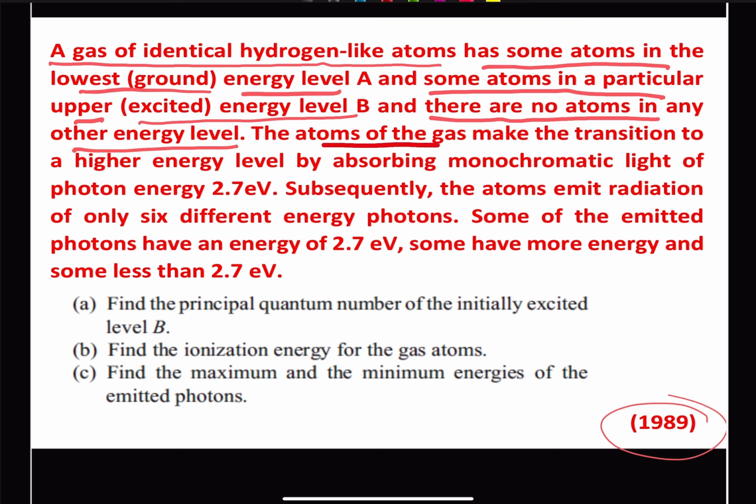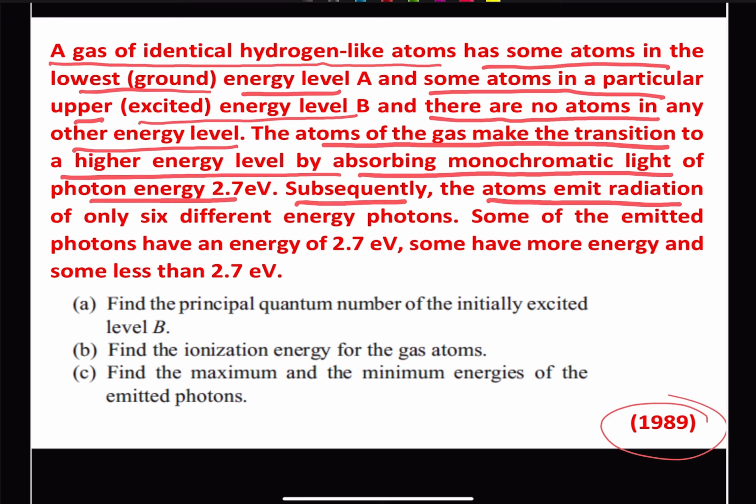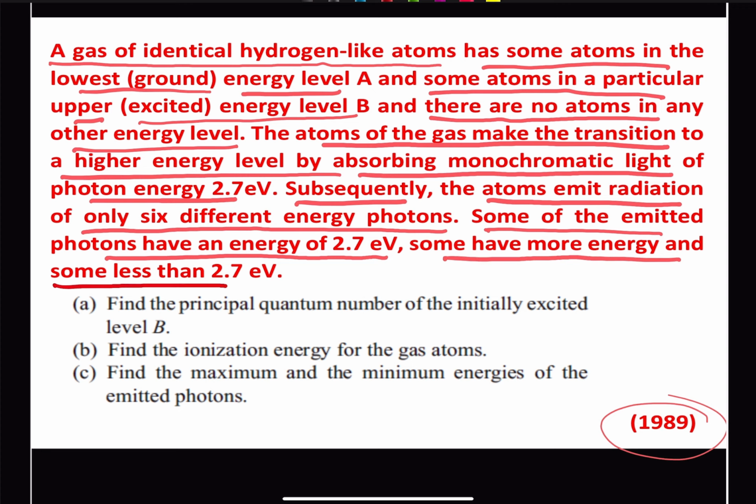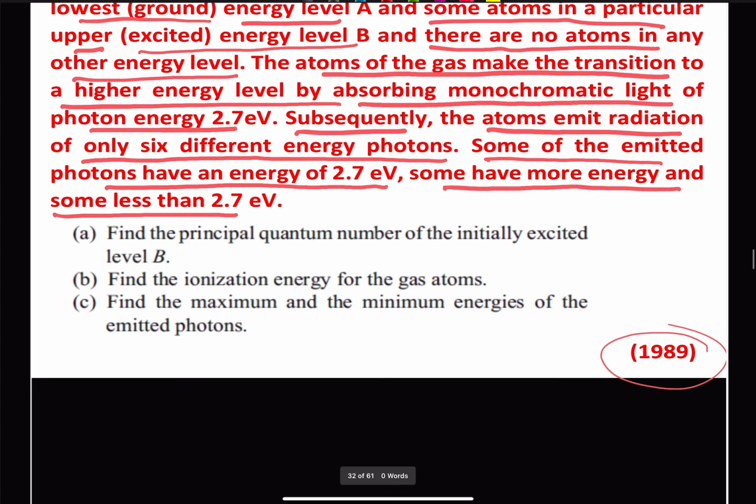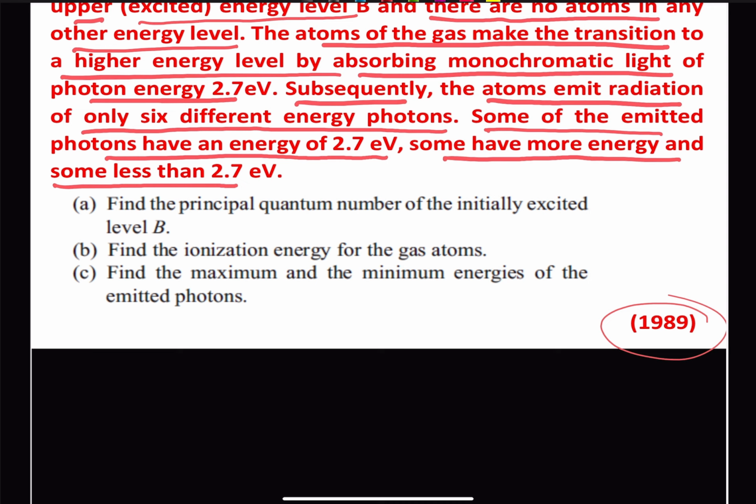The atoms of the gas make the transition to a higher energy level by absorbing monochromatic light of photon energy 2.7 electron volt. Subsequently, the atoms emit radiation of only 6 different energy photons. Some of the emitted photons have energy of 2.7 electron volt, and some have more energy and some less energy than 2.7 electron volt. So based on this, we have 3 questions.